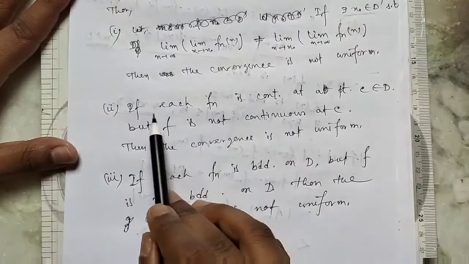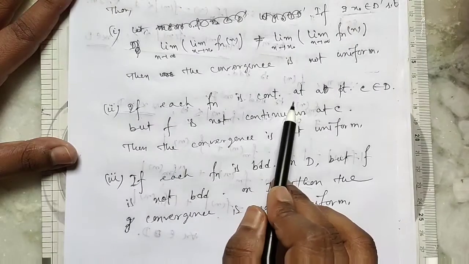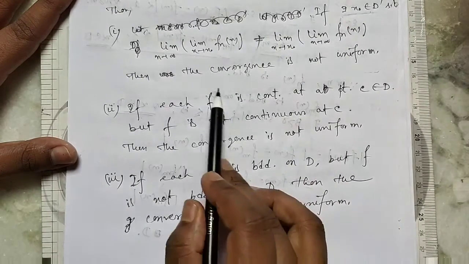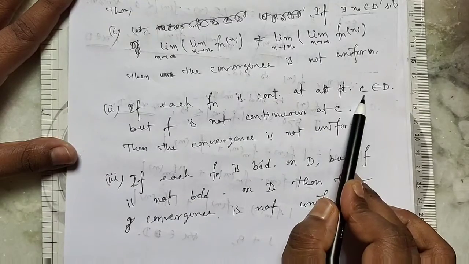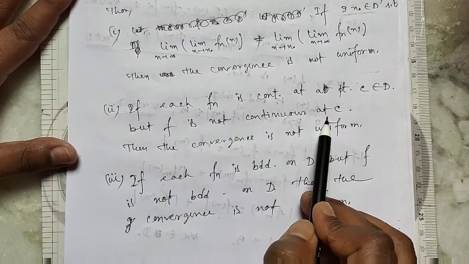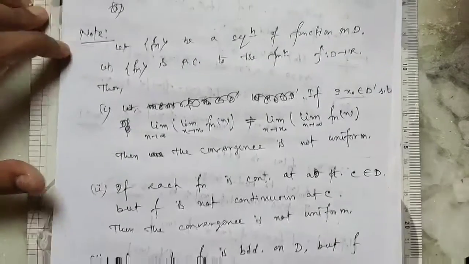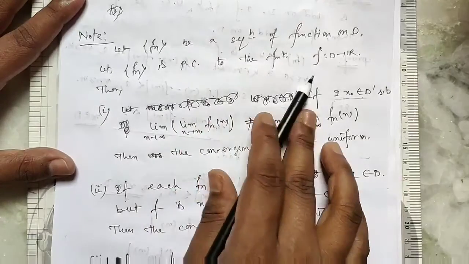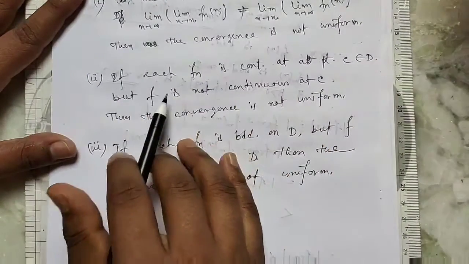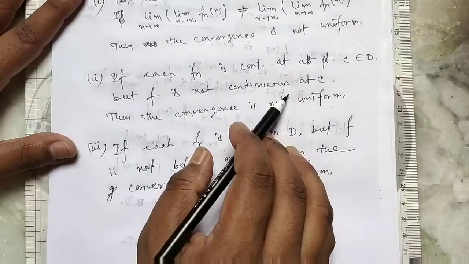If each fn is continuous at a point C, but f is not continuous at C, then the convergence is not uniform. If fn is uniformly convergent to f and each fn is continuous, then f must be continuous.